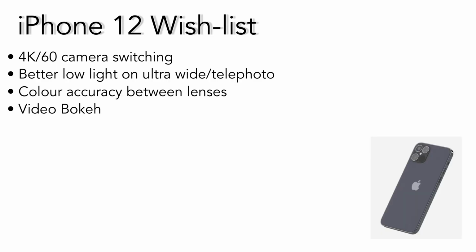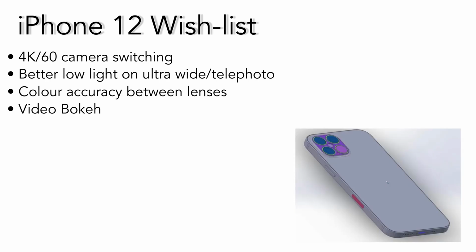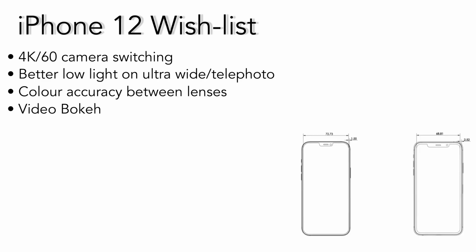Right, so the next one on the list is video bokeh. Now this isn't something necessarily that I'd really have to have, however it's something that other manufacturers, Samsung in particular, introduced almost as a gimmick, and it was introduced by various manufacturers with mixed results.